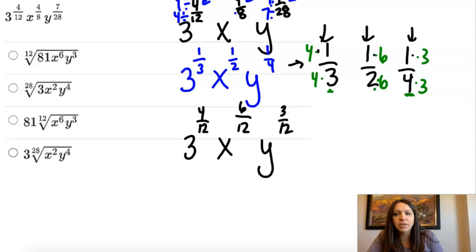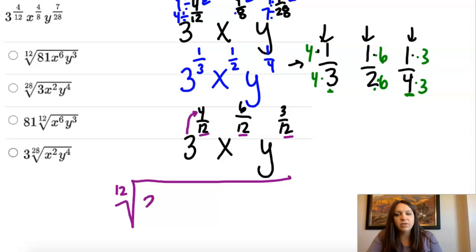All right. So from this point, we're going to take the common denominator and make it our index. So the 12th root of 3 to the 4th, x to the 6th, y to the 3rd.